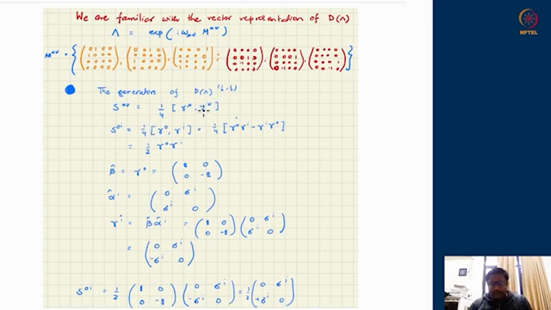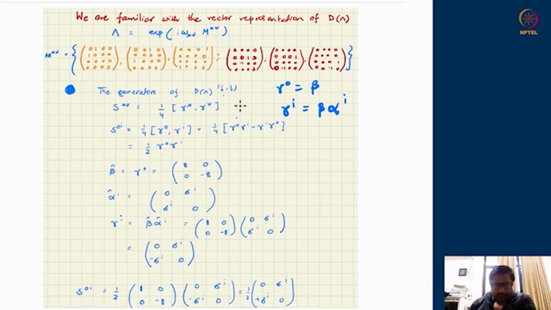Since this is not a course on full field theory and representation, I would not be deriving those properties for you, but I would just be listing down what those 6 generators are in spinorial space. So we are familiar with the gamma mu matrices. Gamma 0 was beta, and gamma i was beta times alpha i. These were the matrices which we had written down.